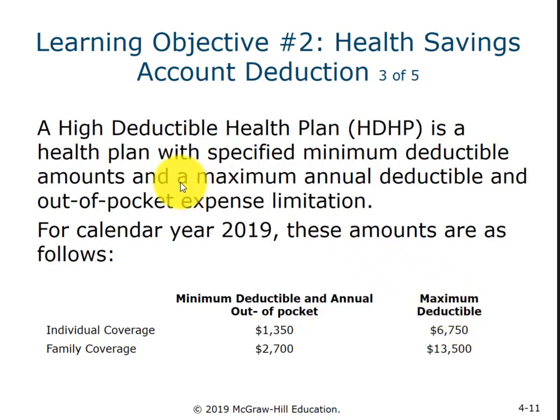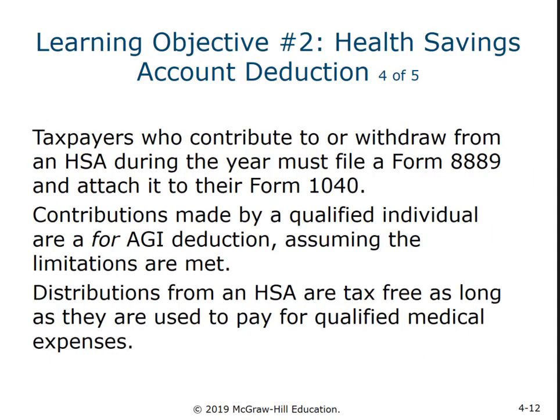This is also the maximum out-of-pocket expense on the plan that you have for your high deductible plan. So when clients talk about this, they need to make sure that they have discussed with their insurance broker a high deductible health plan that qualifies for an HSA.